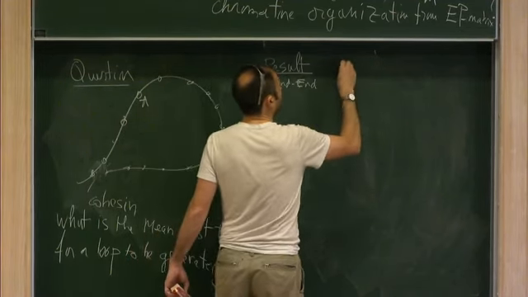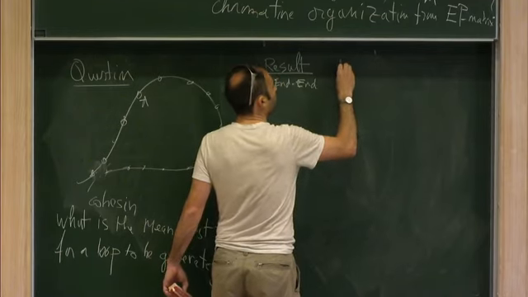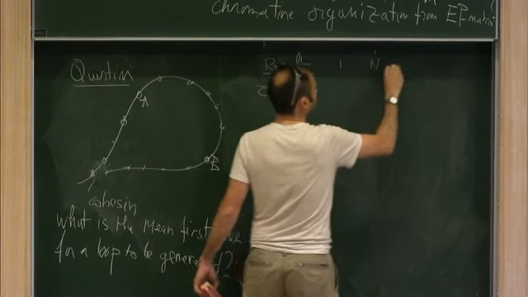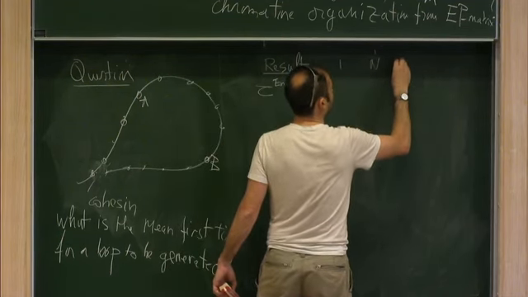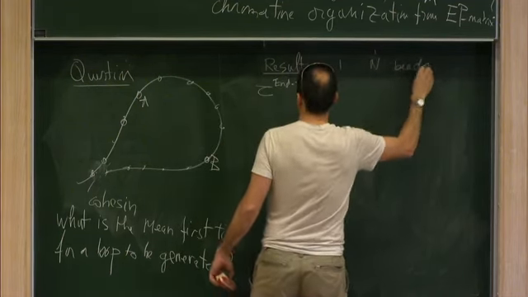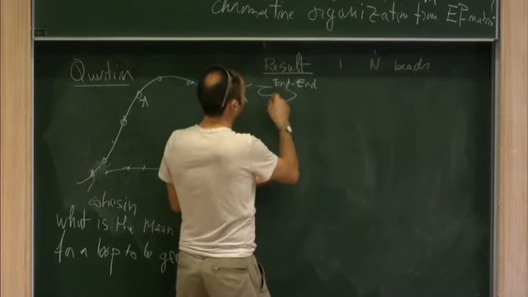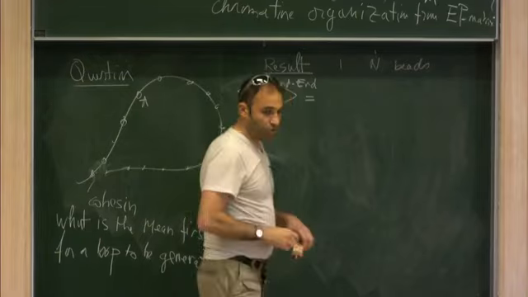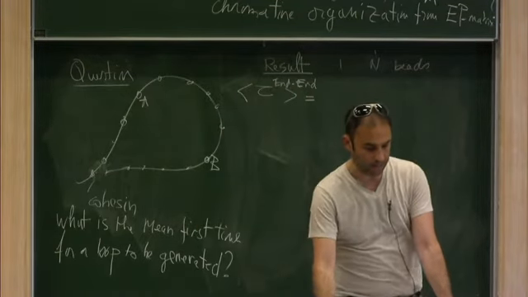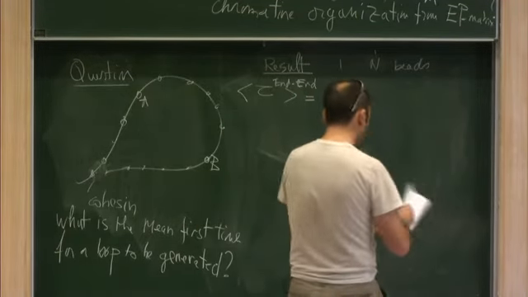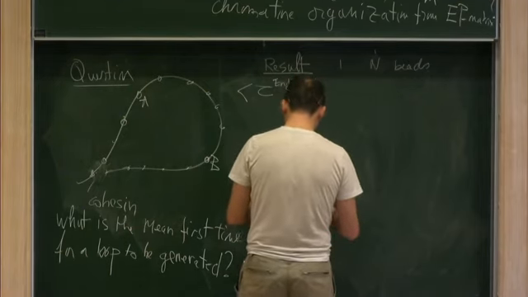Let's say you have beads numbered 1 to N. This is the total number of beads. So the mean first passage time, which is the average of the time, is something that you can calculate asymptotically for N large, and a given epsilon.